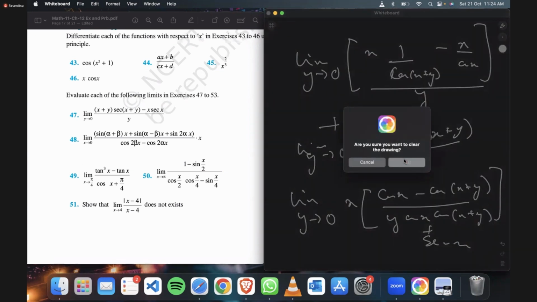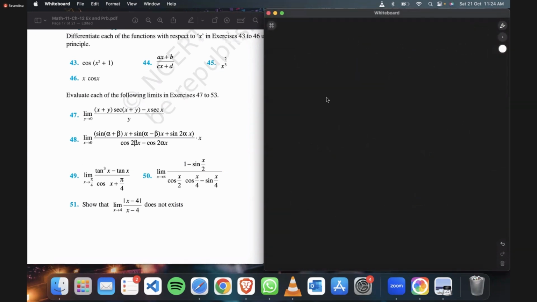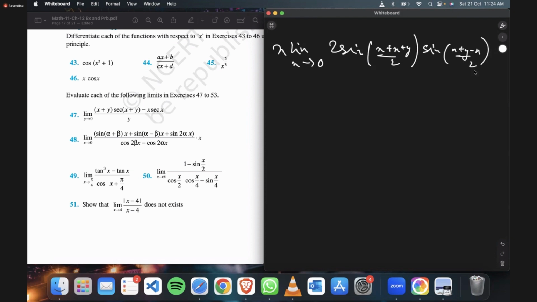Cos A minus cos B is 2 sin((A+B)/2) sin((A-B)/2). So I'll be left with 2 sin((x+y+x)/2) and sin((x+y-x)/2), divided by y cos x cos(x+y), and there's a plus sec x term as well.